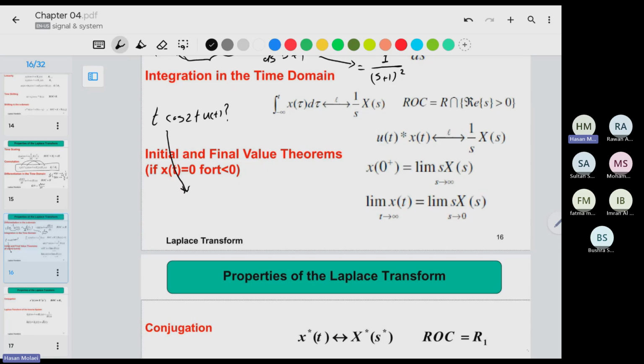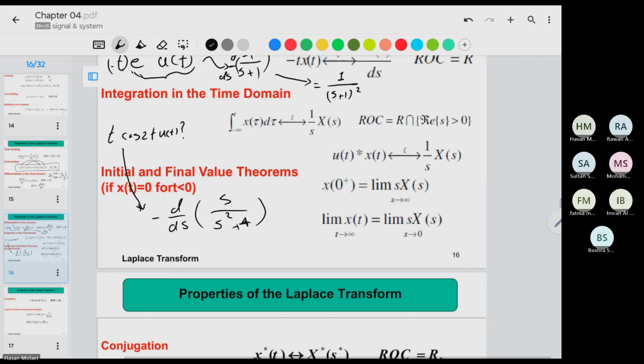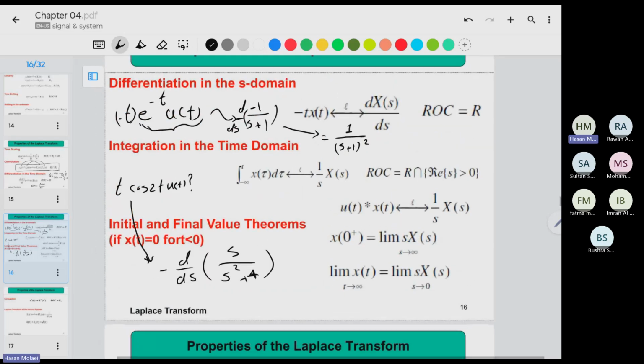Minus s over s squared plus... Exactly. Thank you very much. If we multiply the signal in time domain by t, we should do differentiation in S domain.